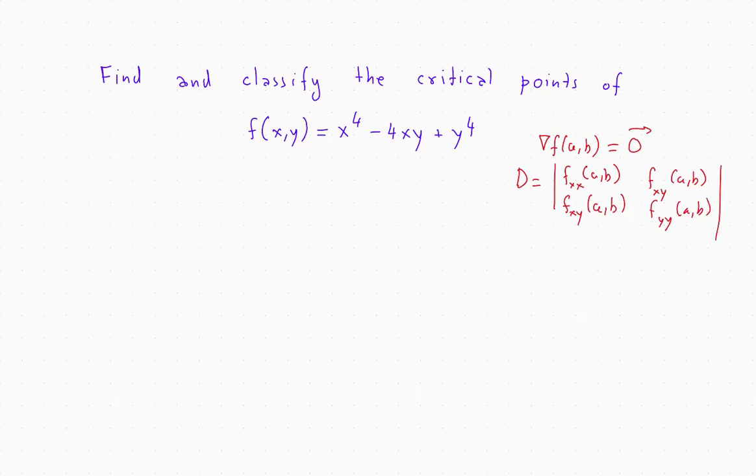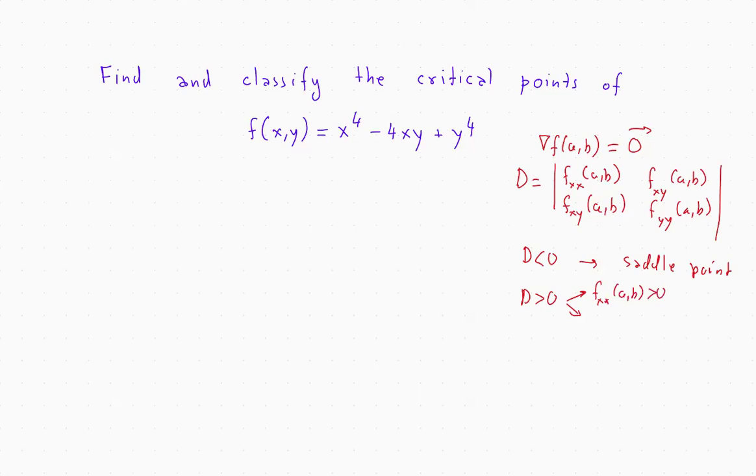So if it's less than 0, then we have a saddle point. And if it's greater than 0, then there are two cases. fxx at (a,b) is greater than 0, in which case we have a local minimum.